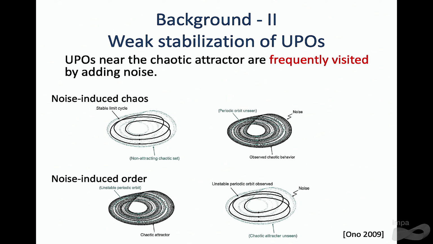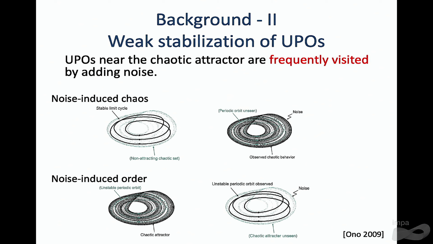Maybe just to directly interpret this noise-induced order, we have a chaotic attractor, and some UPO is weakly stabilized. It's not stabilized, but it's frequently visited, so it looks like stabilized. So this is one explanation, classical explanation.